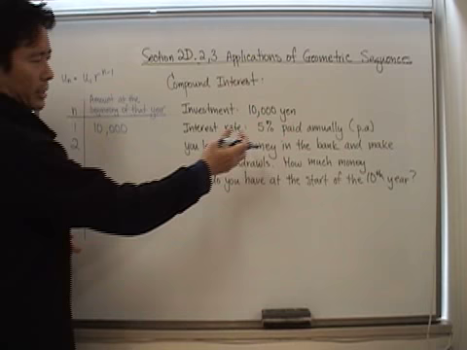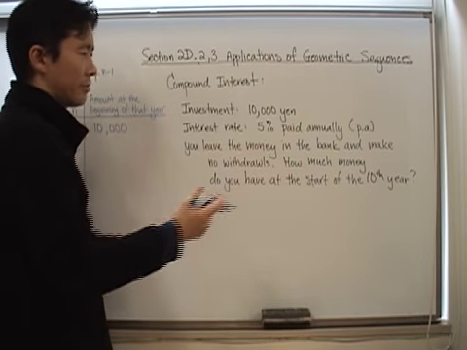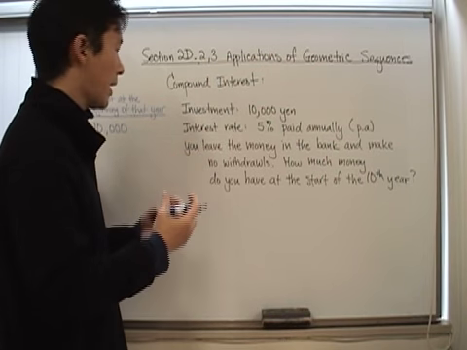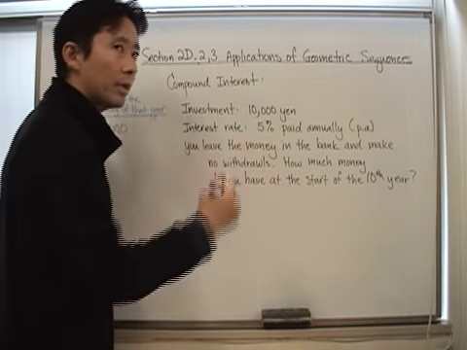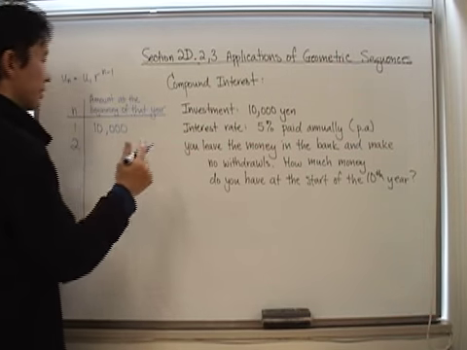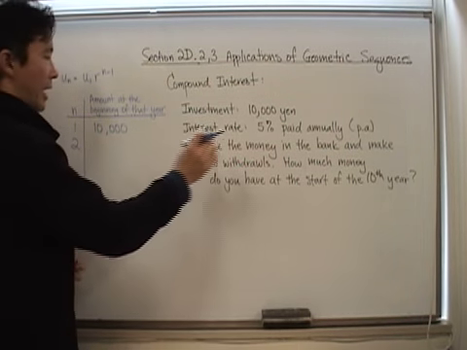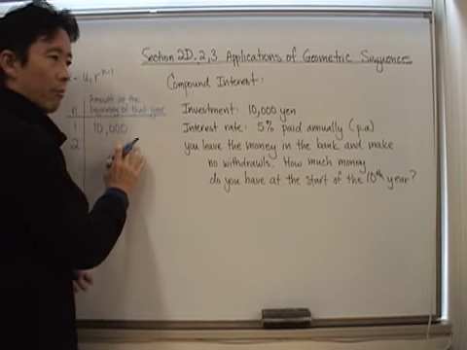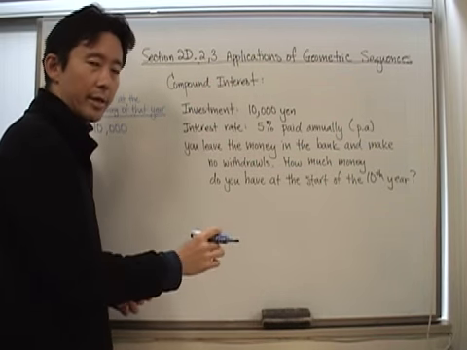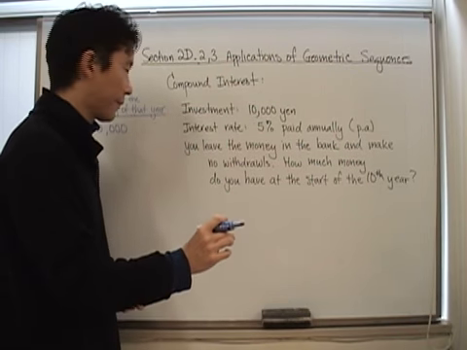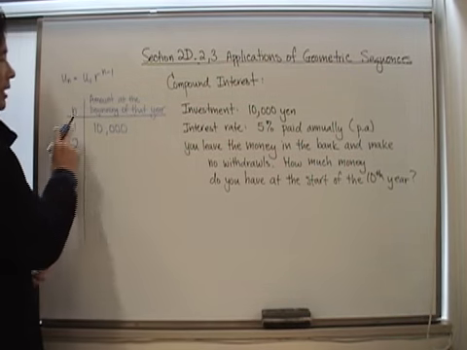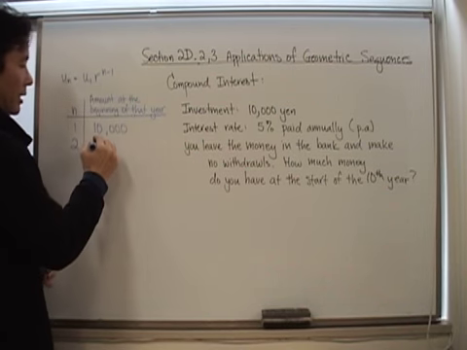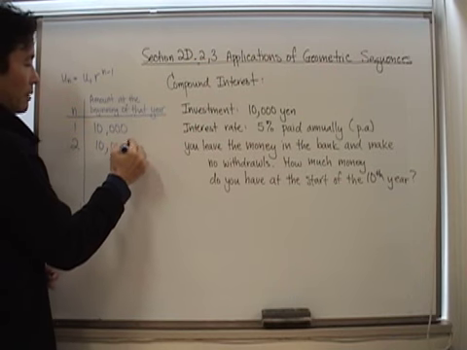So if they're going to give me money, that's really 105% that I'm going to receive, or that's how much I will have in the bank after they give me an extra 5%. So this number is going to be multiplied by 1.05, which is the same thing as 105%. So the amount of money that I will have at the beginning of the second year, after 1 year has been completed, is this amount.